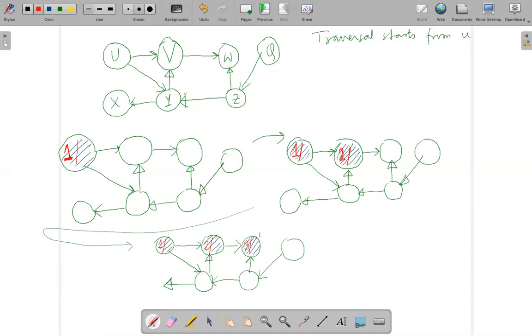So now, as per the algorithm, we will come back to its ancestor, which is V in this case. So from W, since there is nothing to explore further, we will come back to V.